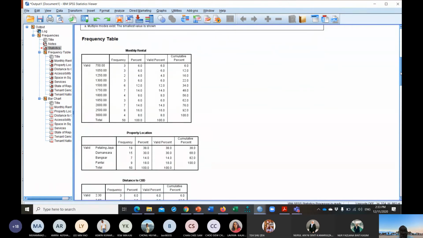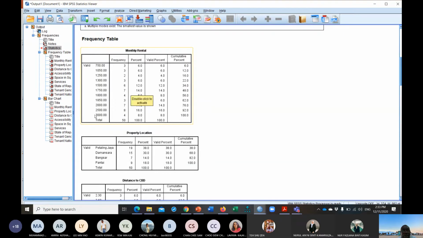We have the frequency table. From the frequency table, we can quickly see how many of our respondents are paying a certain amount of money.